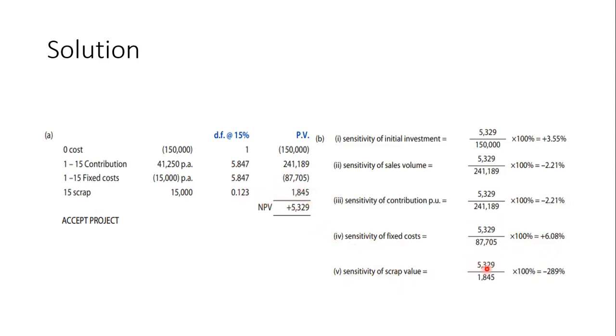So your NPV divided by your scrap value expressed as a percentage. So you can see that this is quite sensitive. Negative 289, quite sensitive, right? Quite sensitive compared to the others. All right.